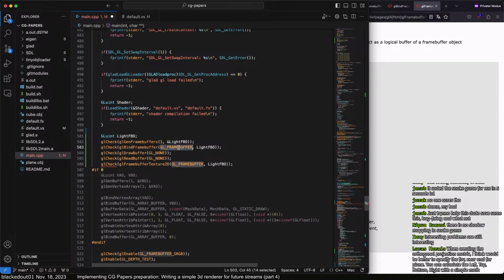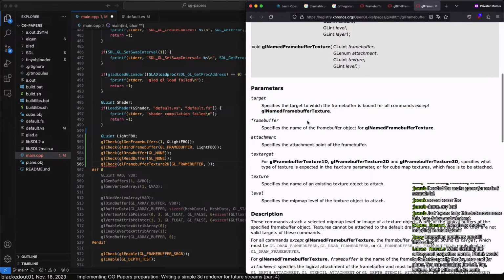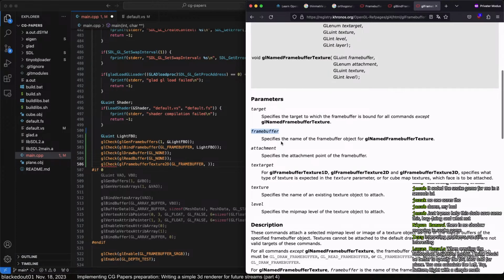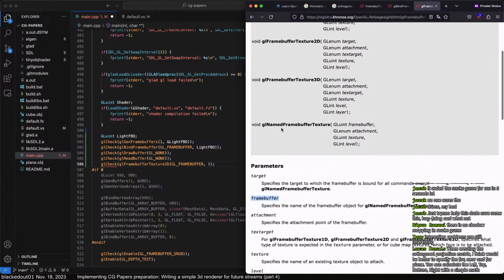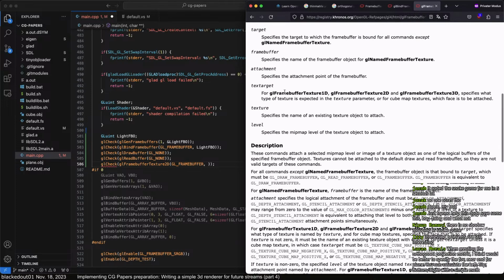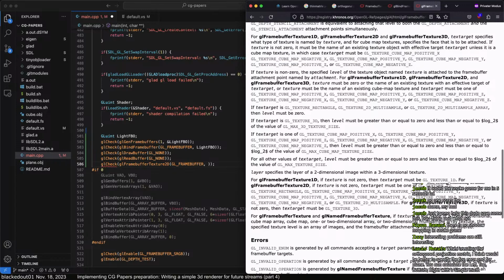And again, we use our bound frame buffer, which is the target. And this attachment. So now we need to specify the attachment point.